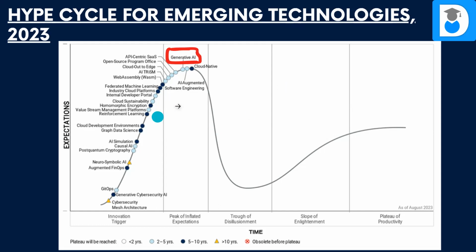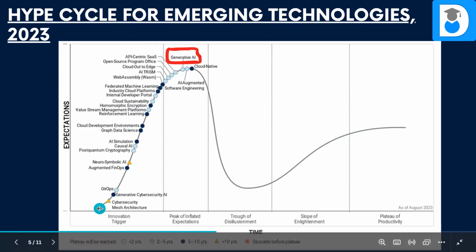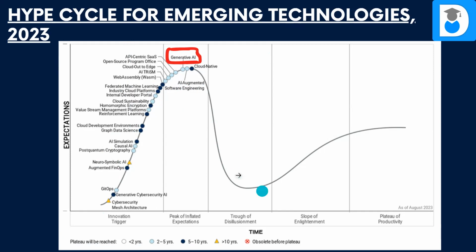This is for the year 2023, emerging technologies. The 2023 Gartner Hype Cycle report shows generative AI is at the peak. The Gartner Hype Cycle is always like this: there is the emergence, it reaches a peak, then there is a trough of disillusionment, and then a slope of enlightenment, where people understand it, and finally productivity.